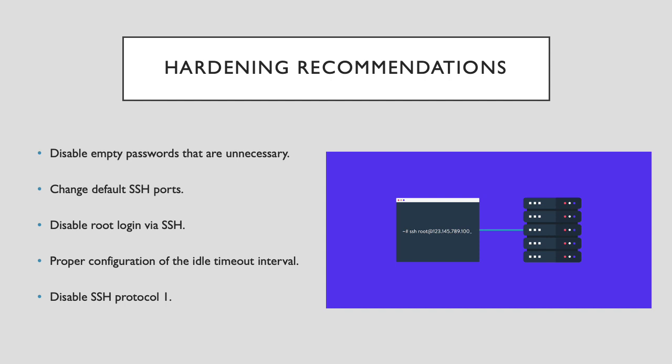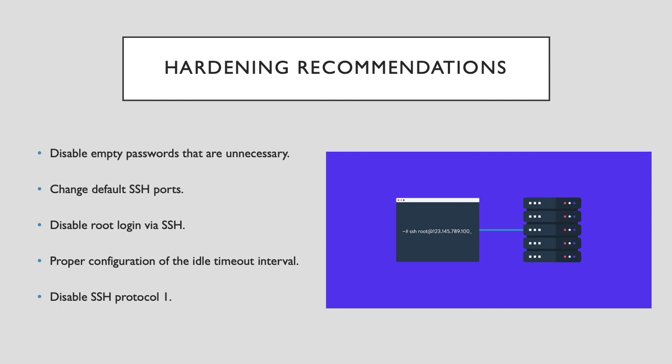Some older versions might still have it available, but this protocol has just been in general known for all of its vulnerabilities and should be avoided at all costs for the maximum security. Newer versions automatically have Protocol 2 enabled, so you don't even have to worry. If you want to double check, just input the command Protocol 2.